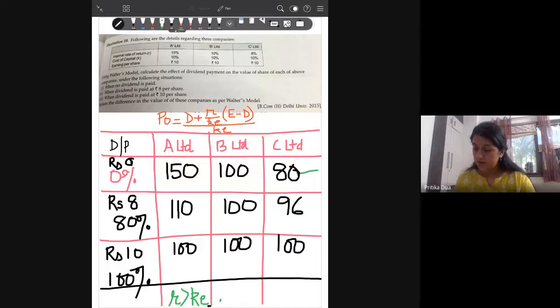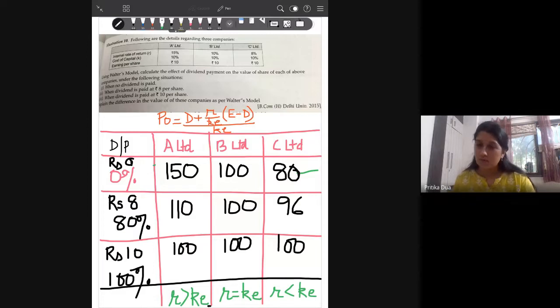B Limited has both values the same, and C Limited has R less than Ke. So A Limited is a growth firm, hence it is at 0% dividend payout ratio that the price of the share is the maximum.